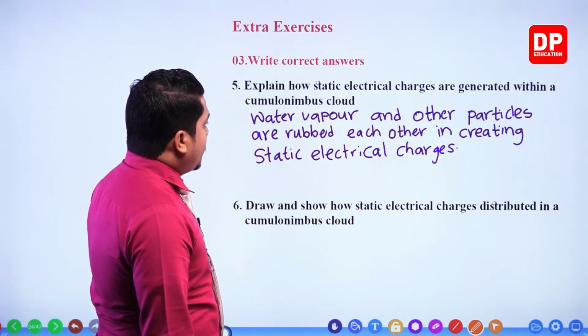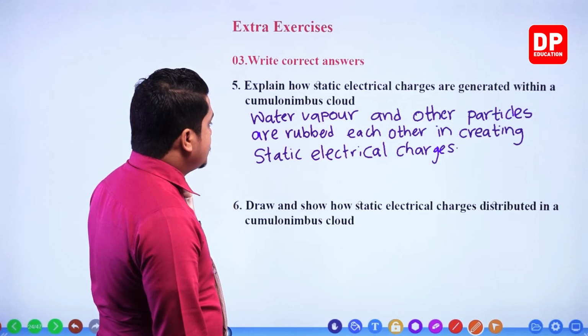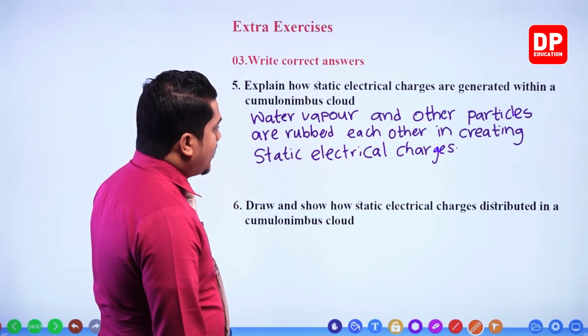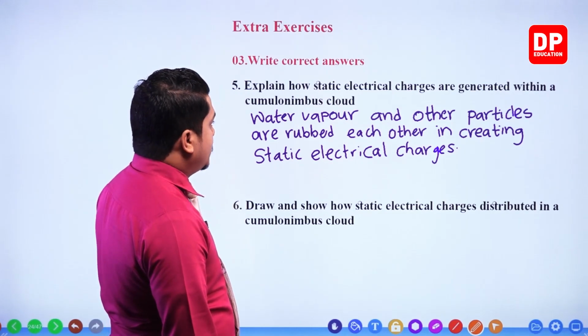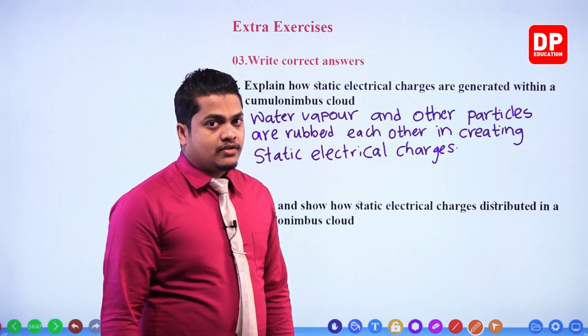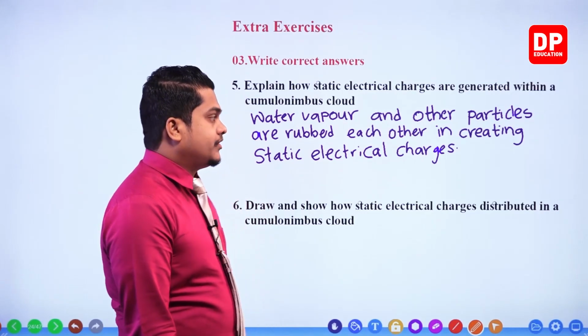Right. So, water vapor and other particles are rubbed each other in creating static electrical charges. This is the reason for the creation of static electrical charges, my dear children.